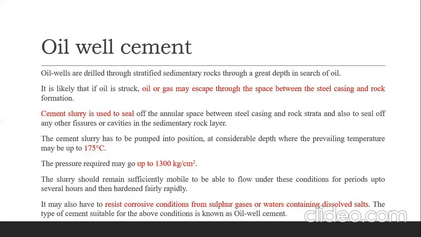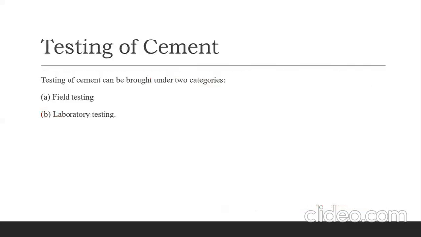The main advantage of using this oil well cement is its higher resistance against corrosion, which is caused mainly by sulfur gases and water containing dissolved solids. When you dig deeper and deeper inside the ground, this type of material is most commonly seen. These materials can cause damage to your casing pipes. To prevent that, this oil well cement is used.